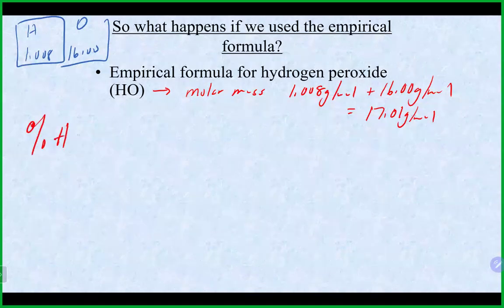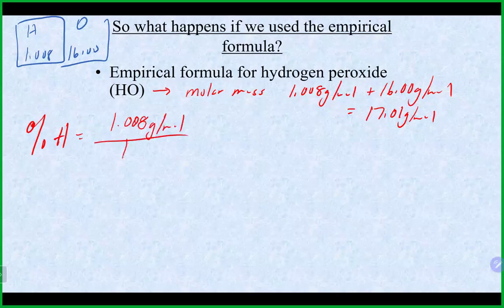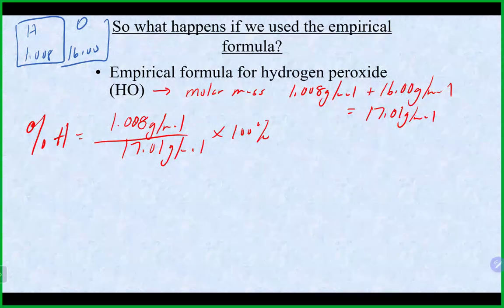So our percent of hydrogen, in this case, on the empirical formula, we only have one, so 1.008 grams per mole over our 17.01 grams per mole times 100%. And that is going to get us basically 5.927%.